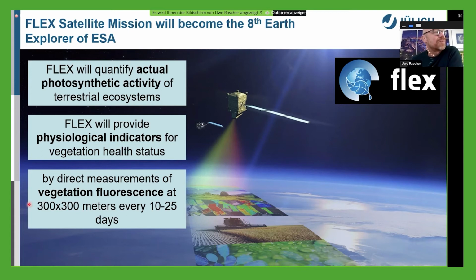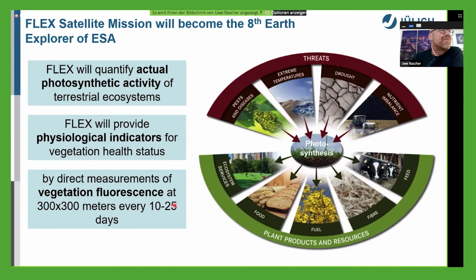However, what is also meant is that this satellite will only achieve a resolution of 300 by 300 meters pixel resolution in the revisiting time of a few weeks. So at the end, this satellite aims to measure photosynthesis as an online indicator for threats on vegetation, and to also provide input for our sustainable agricultural production.